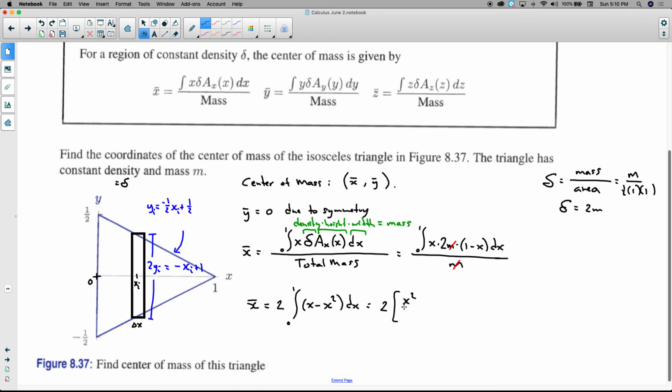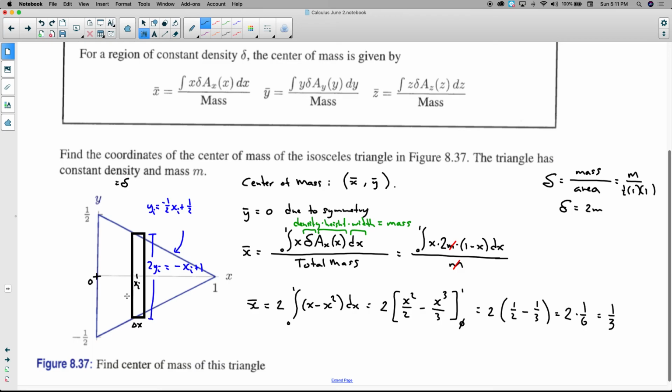That's turning into x squared over 2, reverse power rule. Same thing with this one, but x cubed over 3, running from 0 to 1. That one's going to zero everything out. I've got 2 times 1/2 minus 1/3. A half minus a third is a sixth. And it looks like I'm at 1/3. So 1/3.